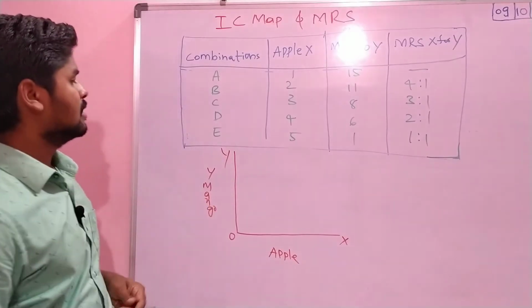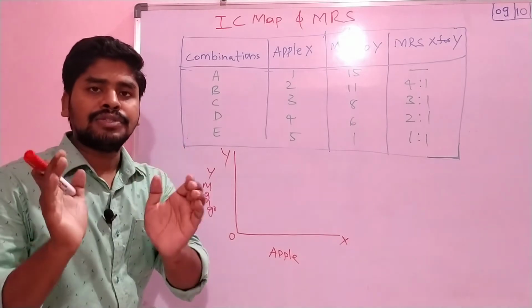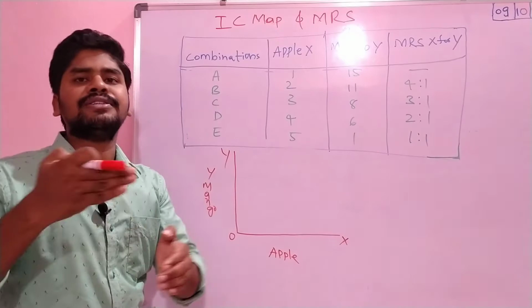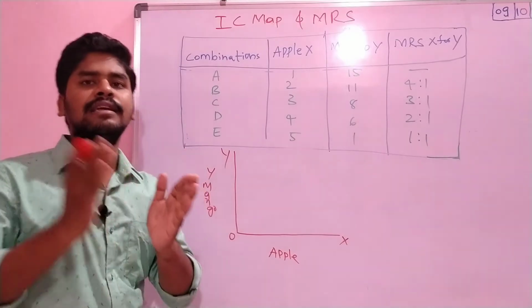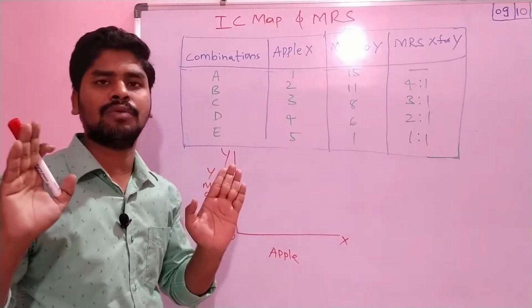In the last class we understood that an indifference curve means various combinations of two commodities X and Y that give the same level of satisfaction.